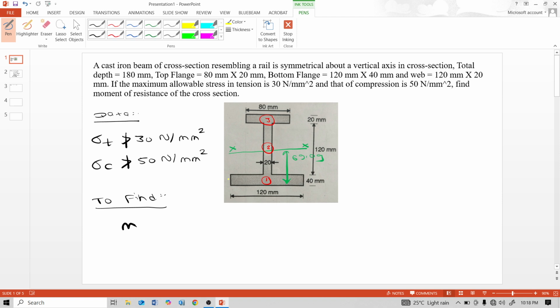We have to calculate the moment of inertia for this bottom flange first, x1 x1.